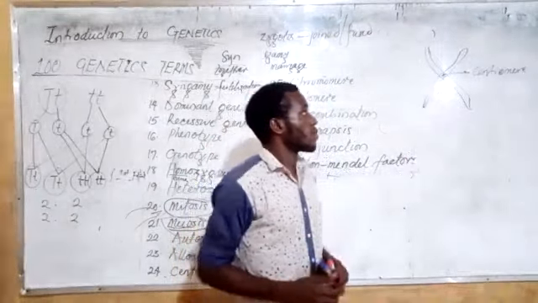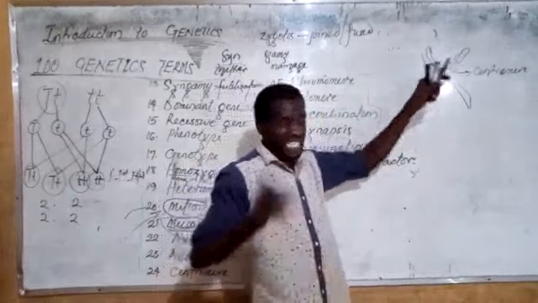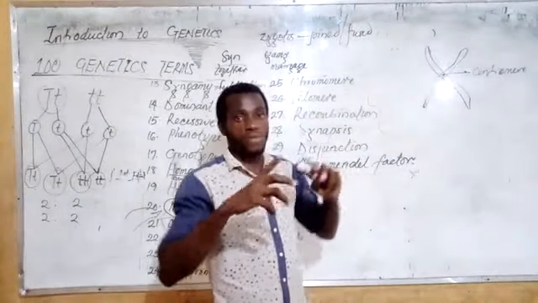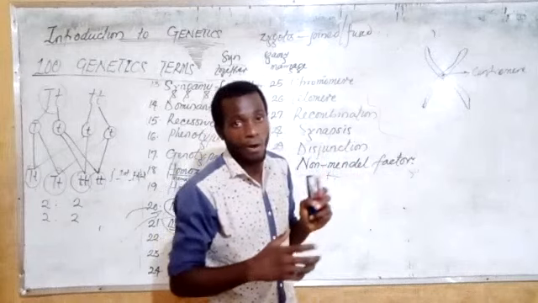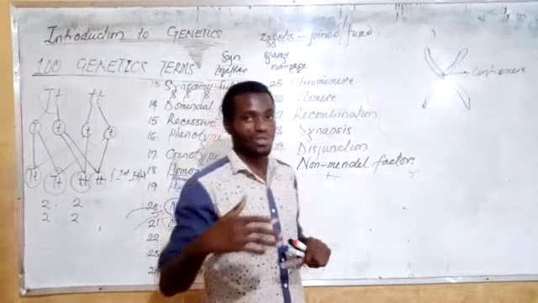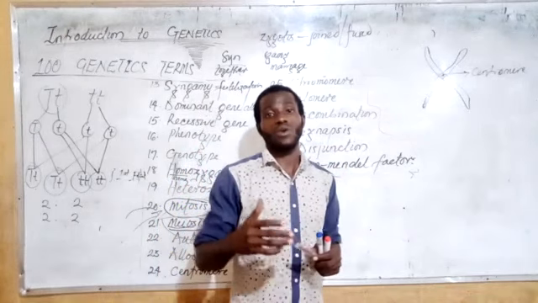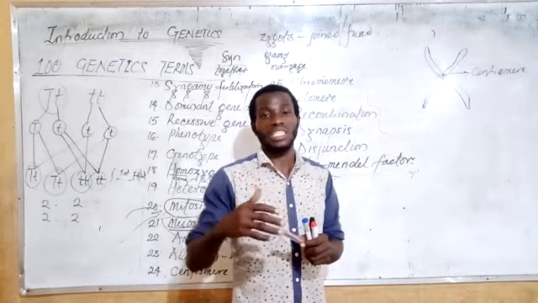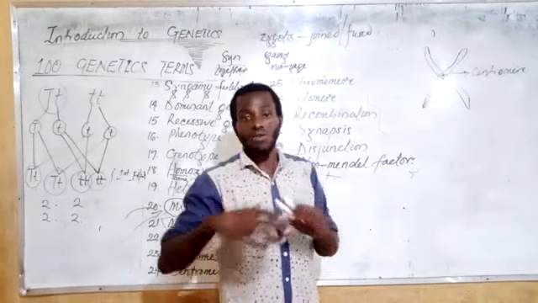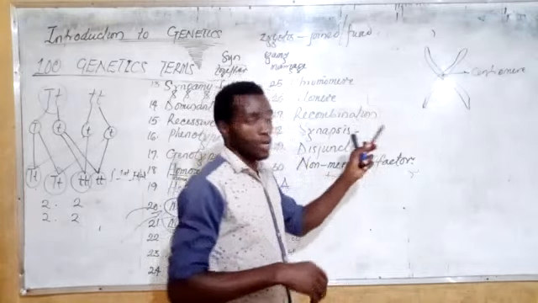The DNA that is compacted there is called satellite DNA, but we'll get into that some other time. They are called satellite DNA because when they are separated, they form a complex that looks like a satellite. So that is why they are called satellite DNA.